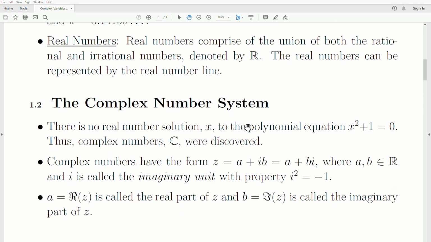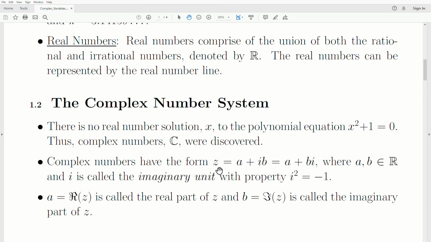Now, the complex number system: since there's no real solution to the polynomial equation x squared plus 1 equals 0, complex numbers, which are denoted by the script C, were discovered. Some say invented, some say discovered. That's your preference there.